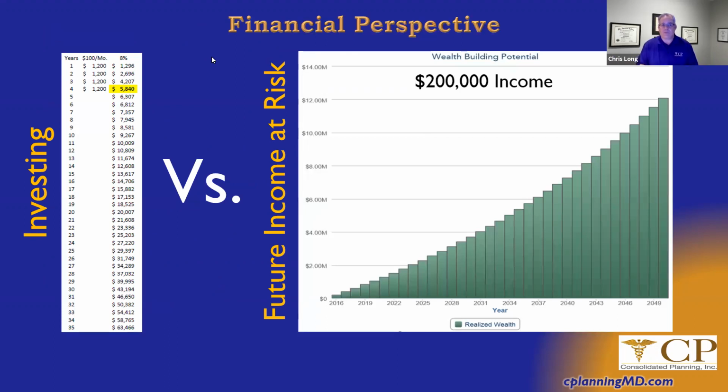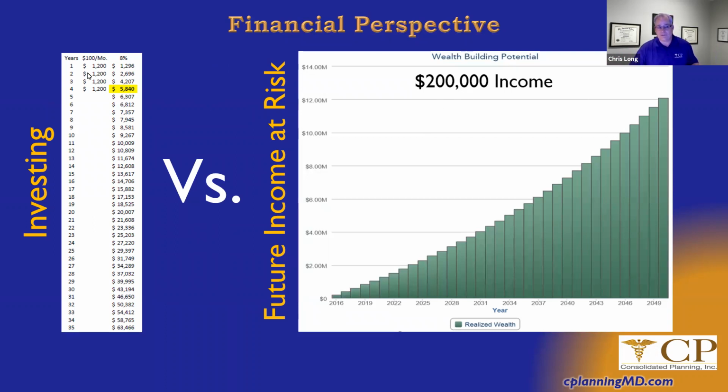So again, what we're trying to protect is your future income potential. Here I've got somebody, say, making 200,000 of income. They're going to make over $12 million in their career, potentially double that depending on inflation increases and increasing income, but at least $12 million if their income is pretty flat.